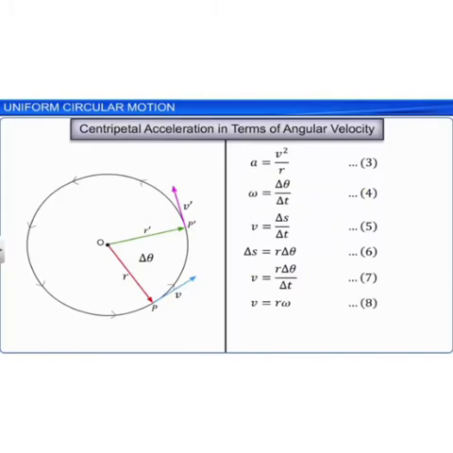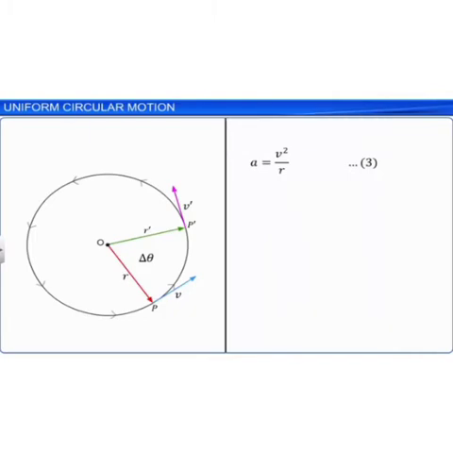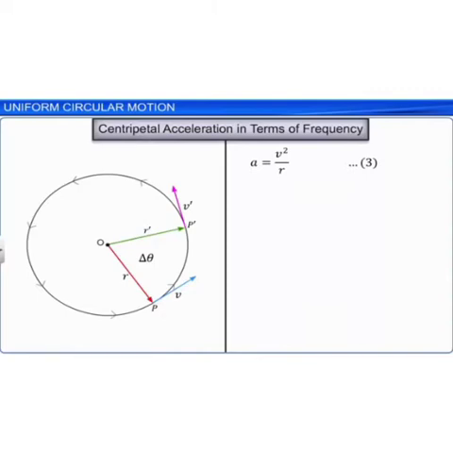Now let us find the centripetal acceleration in terms of frequency. Time taken to make one revolution, that is, time period is T. Frequency, F, is the number of revolutions in 1 second. Therefore, F is equal to 1 by T. Distance moved by the body in one revolution is equal to 2 pi r.